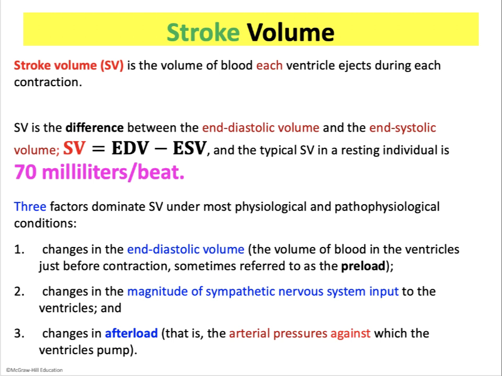Three major factors that can influence the stroke volume are how large the volume of the ventricles is when they are full of blood, i.e. the end-diastolic volume, known as the preload, the amount of sympathetic nervous activity impinging on the heart, and lastly, the pressures in the systemic circulation that push back against the heart, the afterload.